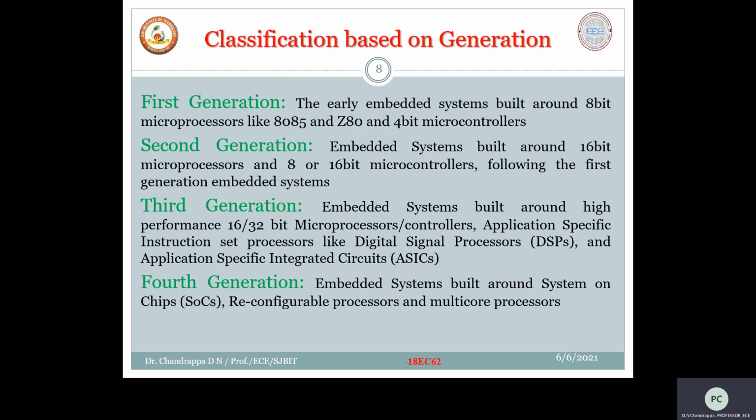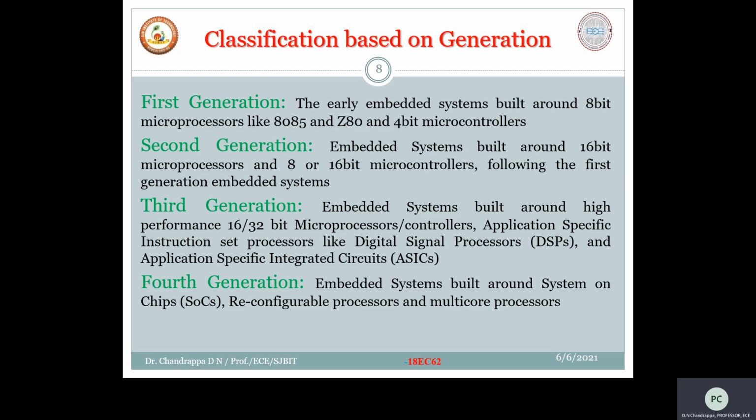That is the next level of generation. In the second generation, the embedded system is built around 16-bit microprocessors and 8 or 16-bit microcontrollers, following the first generation embedded systems.